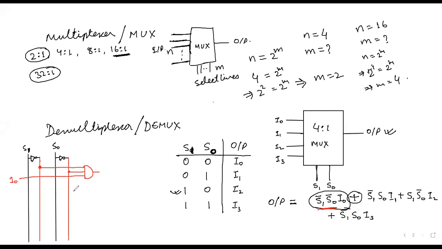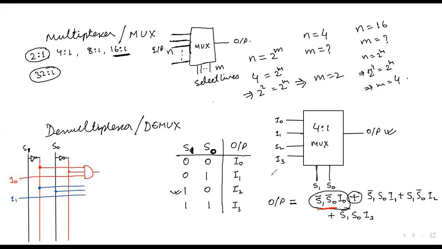Okay. The next combination is S1 bar, S0. So S1 bar is here. Let me change the color. S1 bar is here, and S0. And here the information should be I1.